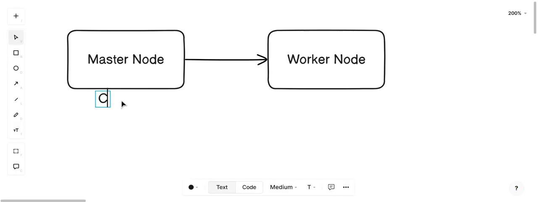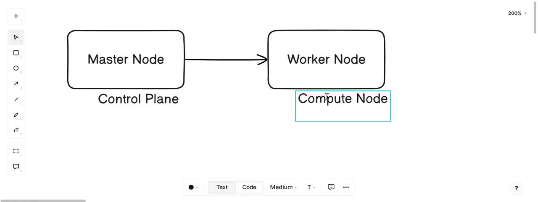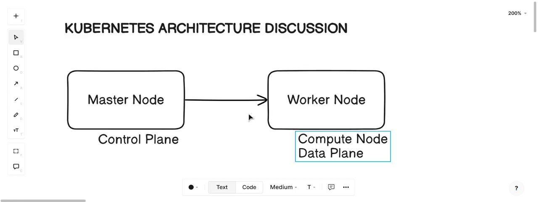Master node is also called the control plane, and worker node is also called the compute node, or people sometimes also say data plane. So these are the two important components we have in Kubernetes.